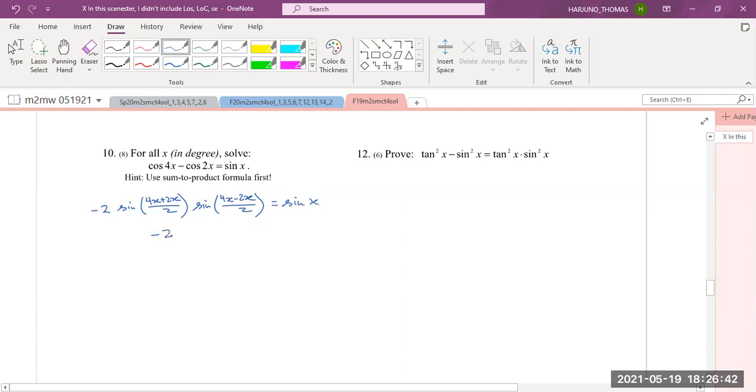So negative 2 sine 3x sine x equals sine x. Okay, negative 2 sine 3x sine x minus sine x equals 0. Factor negative sine x.